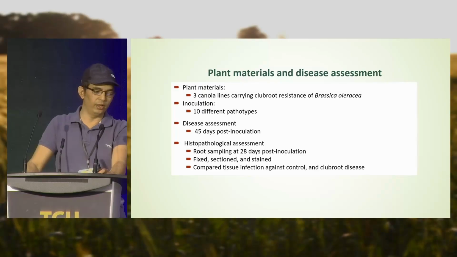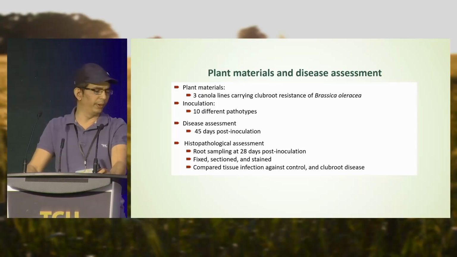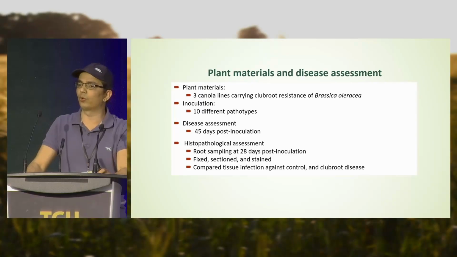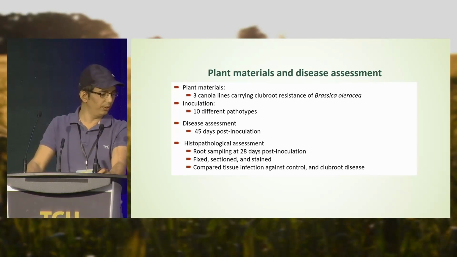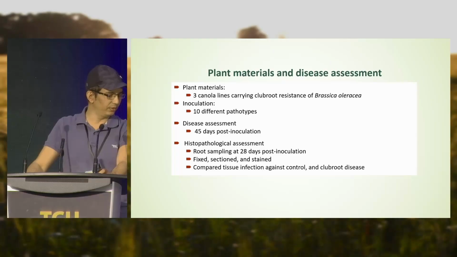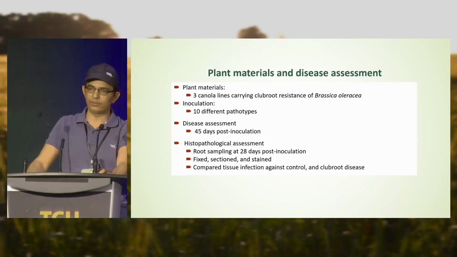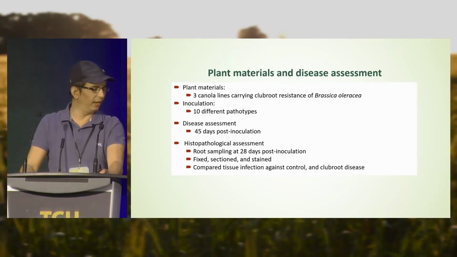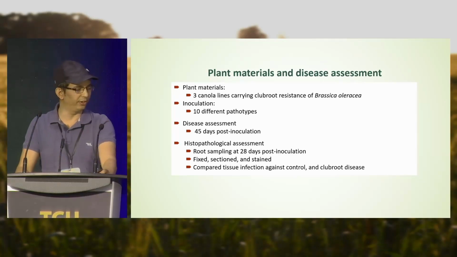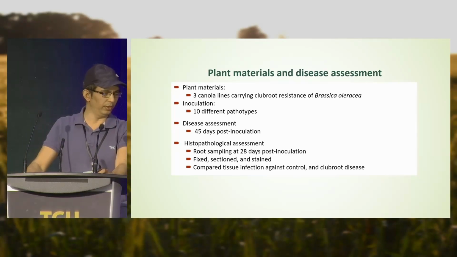For histopathological assessment, we collected root samples at 28 days post-inoculation. We fixed and sectioned those root samples, stained them for microscopic analysis, and compared the infected tissues against control.